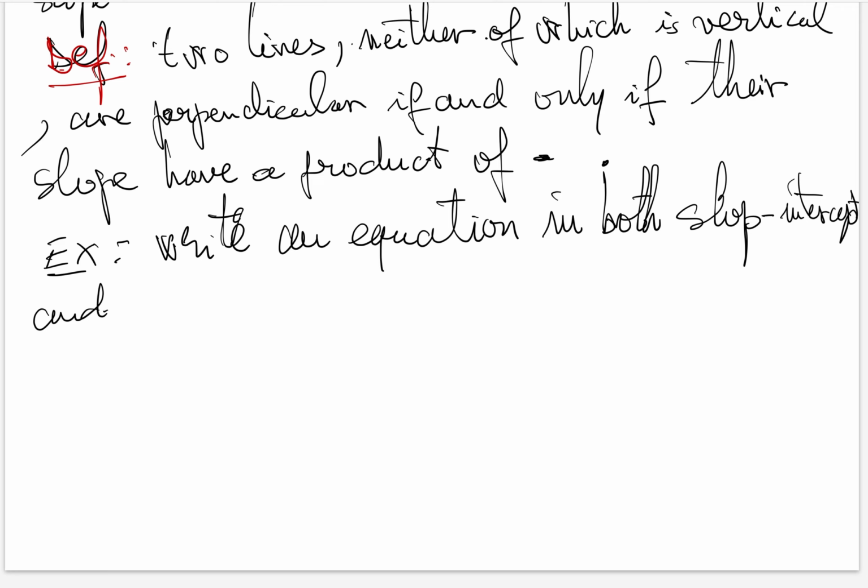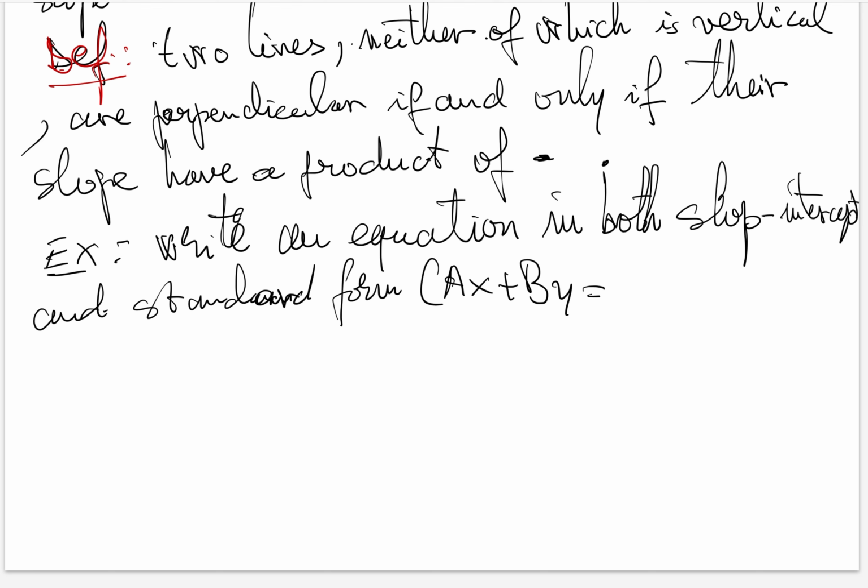Remember, the standard form is just ax plus by is equal to c. That's the standard form, okay? I said it in class, and I wrote it in class, and we went over it.